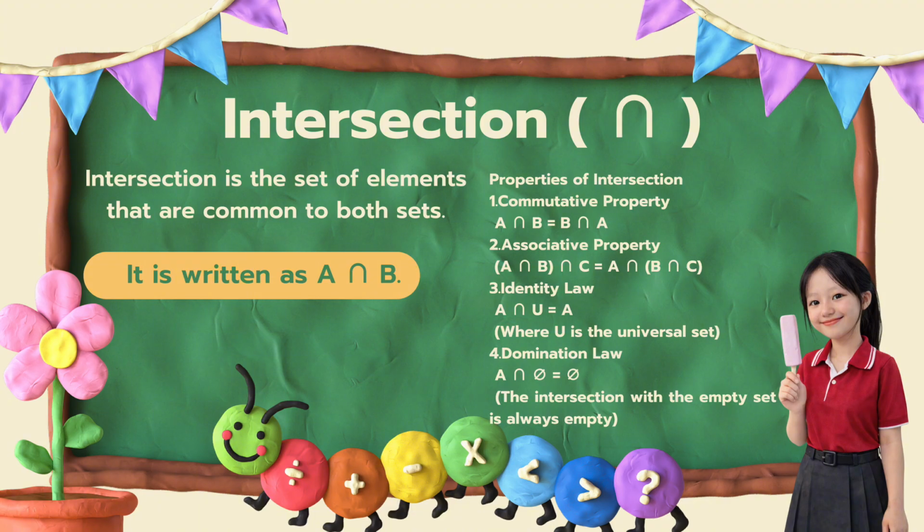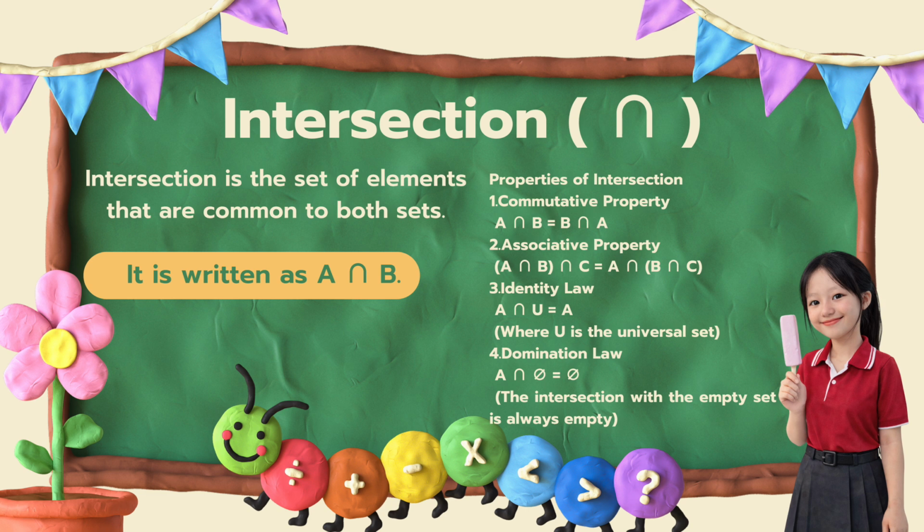A ∩ B is equal to B ∩ A. Second, the associative property. (A ∩ B) ∩ C is equal to A ∩ (B ∩ C). Third, the identity law. A ∩ U equals A, where U is the universal set.